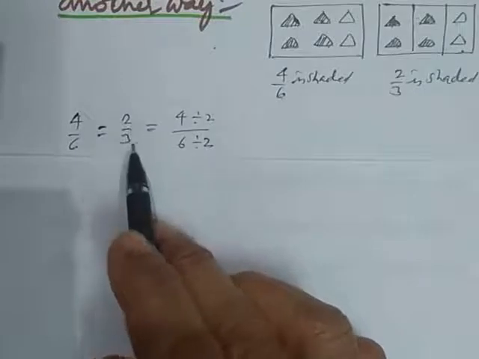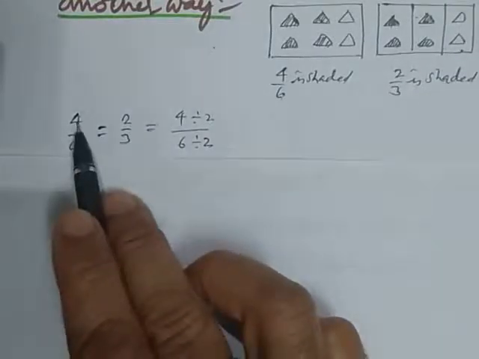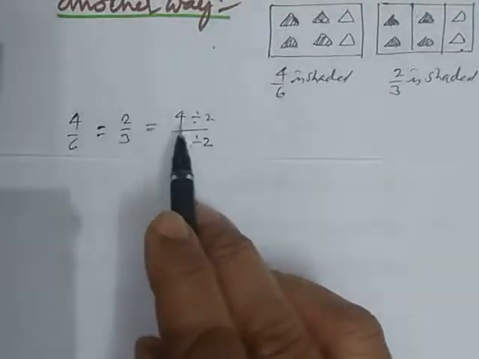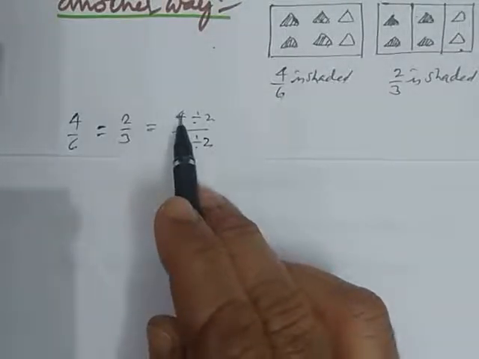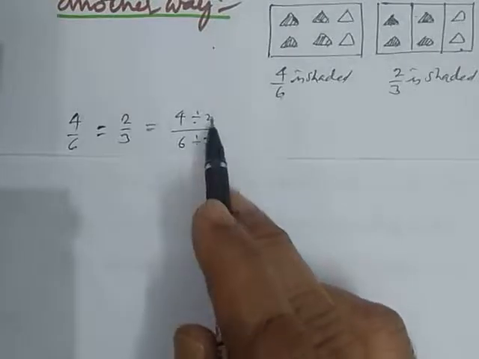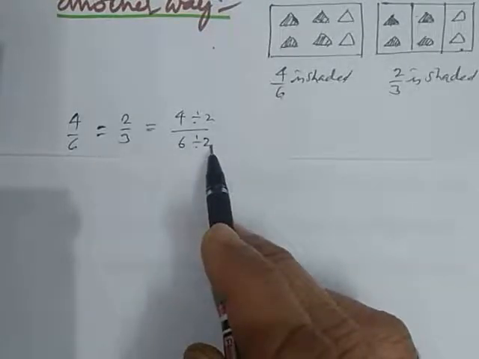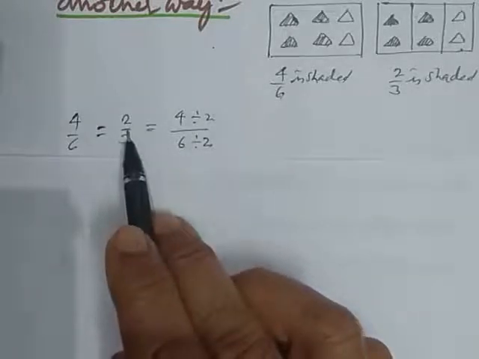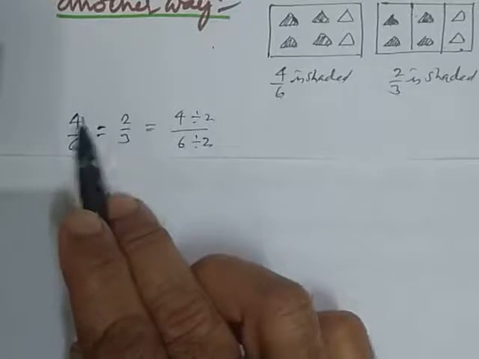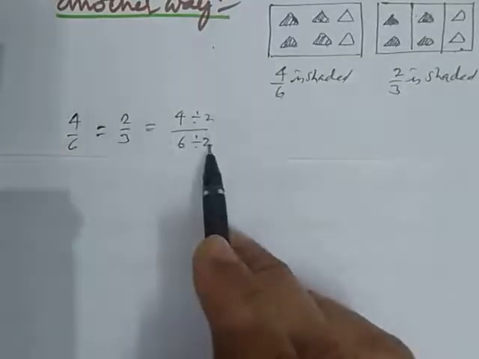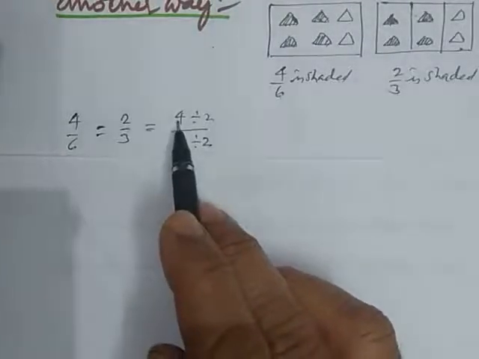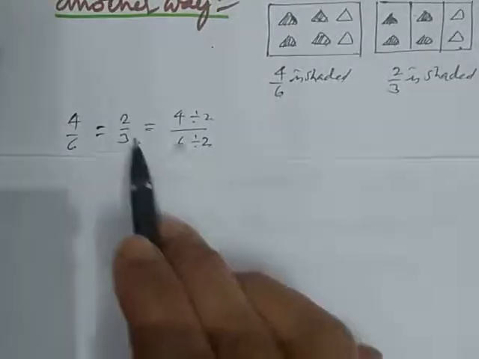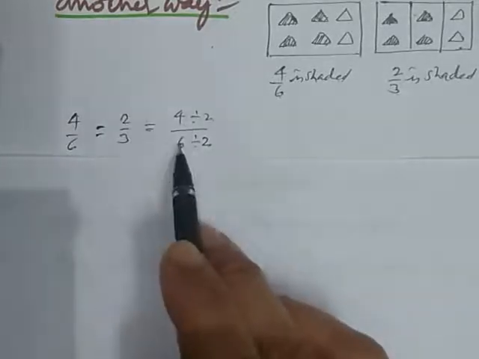So what do we have to do? We just divide this 4 by 2 and this 6 by 2. That is, if we divide numerator and denominator by the same number by which they are divisible, then we get the equivalent fraction. Here 4 and 6 are both divisible by 2, so we divide 4 by 2 and 6 by 2. So we get 4 divided by 2 is 2, 6 divided by 2 is 3.